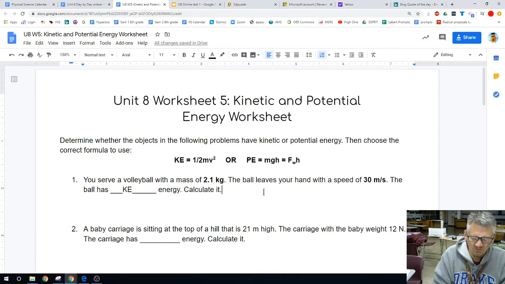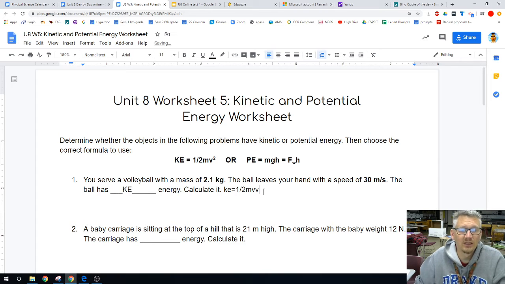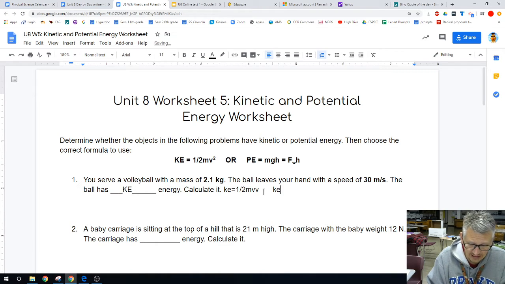Calculate it. So this isn't the easiest being typed. So I'm going to say KE is equal to 1/2 m v v, just because I'm not going to take the time to do this squared. So KE is equal to 1/2 times the mass, which is 2.1, times the velocity, which is 30, times 30.